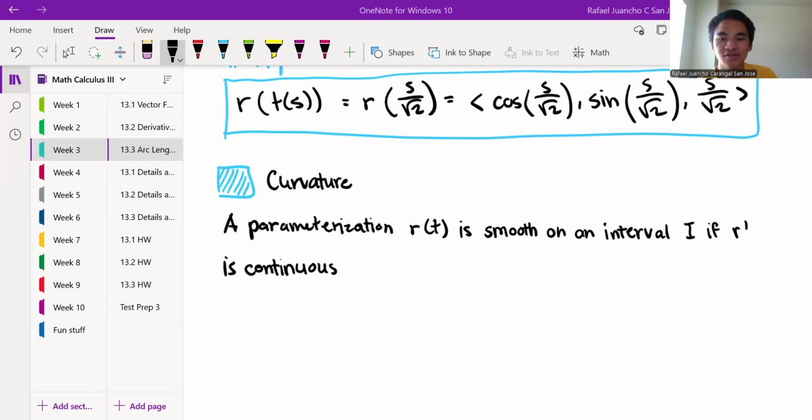And one of the ways that we can make it continuous is if we take the derivative and we see that at every point we have a value, right? So the condition for our vector function to be smooth on some interval is that its derivative, or its tangent vector, has to be continuous, and its derivative should not be equal to 0 on that particular interval.